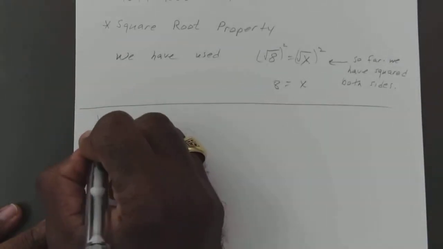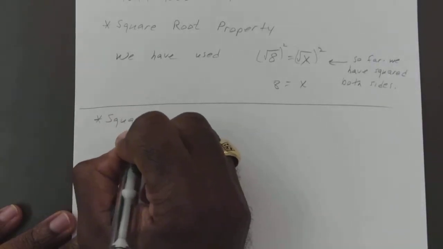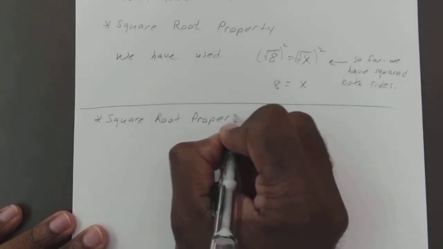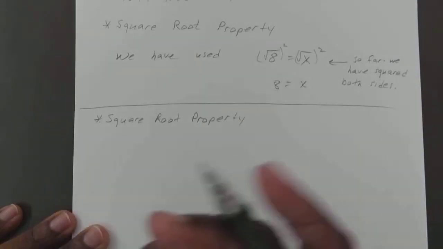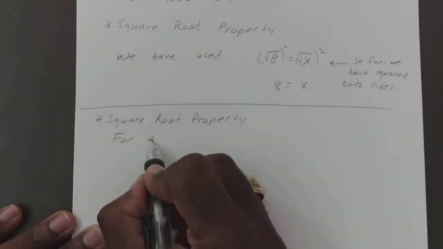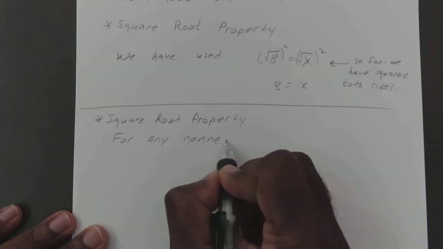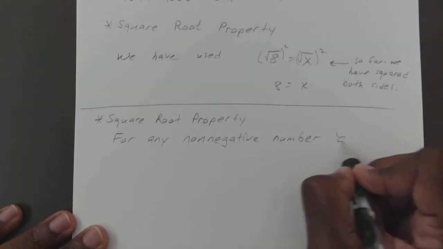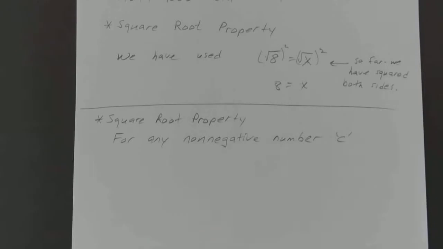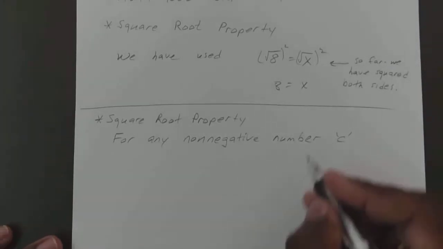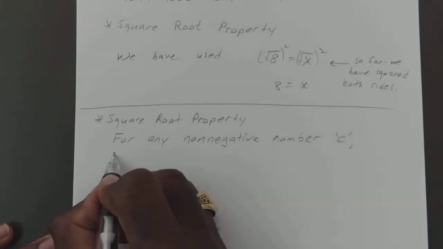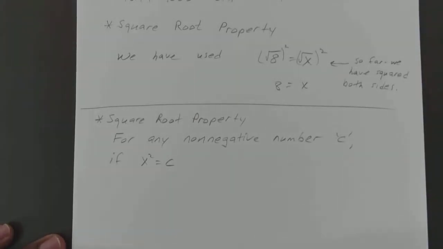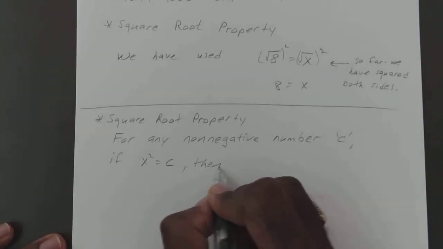Okay, so the square root property basically states that for any non-negative number, and we'll call that number c, it could be anything from 0 all the way to positive infinity, if, let's say, x squared equals some number c, then you can square root both sides.